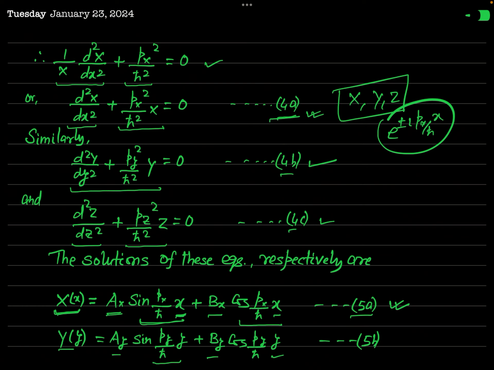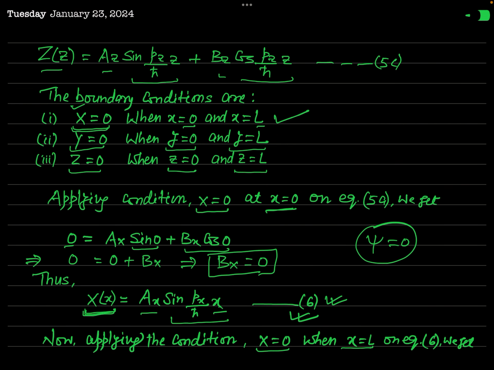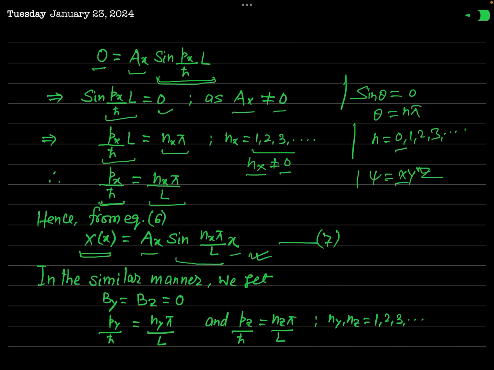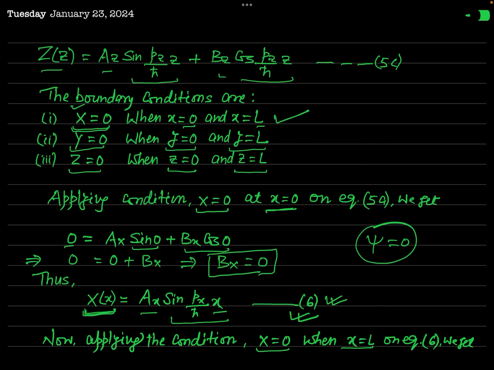Now in a similar manner, you can see the form of equations 4b and 4c is the same as that of 4a. The only difference is that in place of the function capital X there is capital Y and capital Z, and in place of Px there is Py and Pz. So in the light of the above results, you can apply the boundary conditions which I have mentioned here and here.